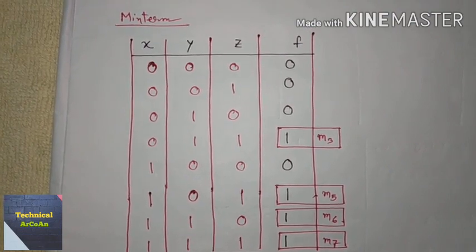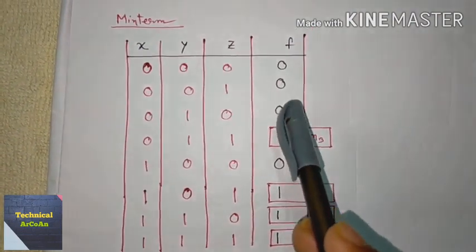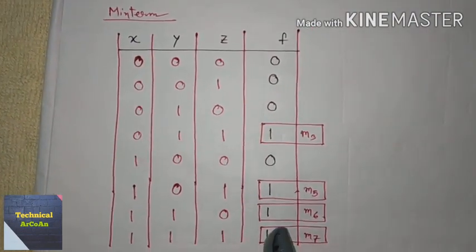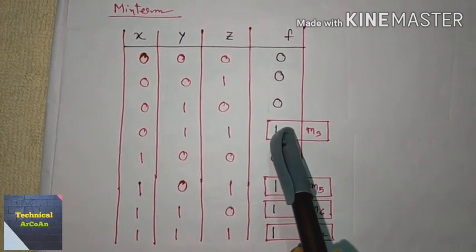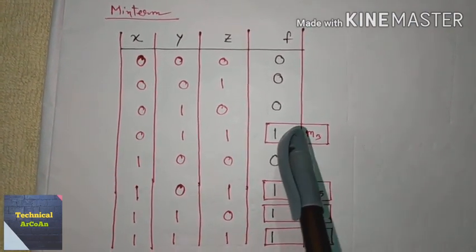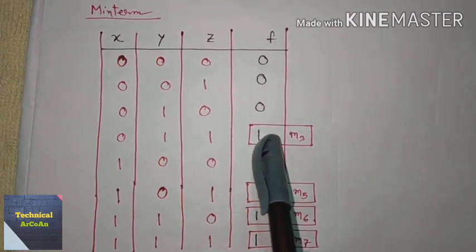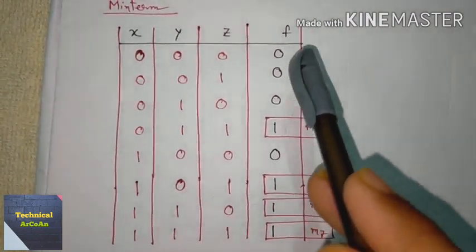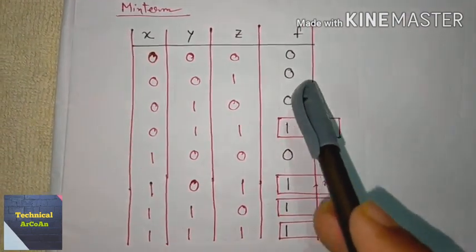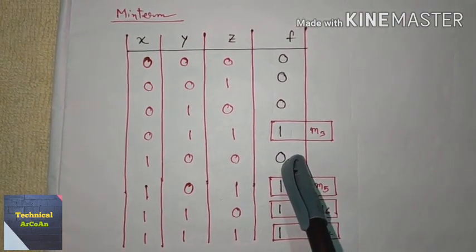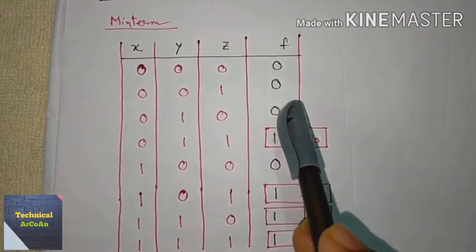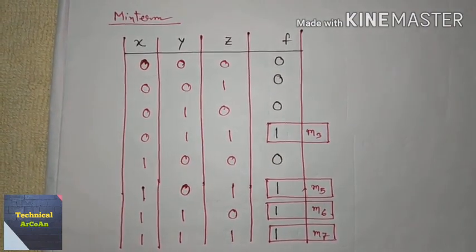The rule, as I already told, is that in the result where 1 appears, at this particular position we take the min term value. The rest of the positions where 0 came are not treated in the min term.